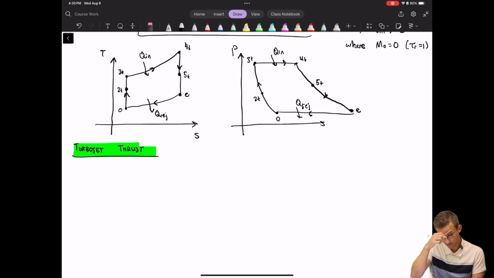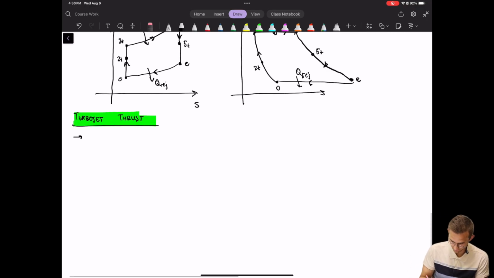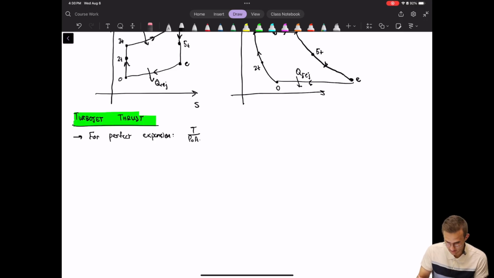Okay, so in general, we want T in terms of our engine parameters. So for a perfectly expanded turbojet, we have T over P naught A naught is equal to gamma M naught squared times 1 plus F times VE over V naught minus 1.